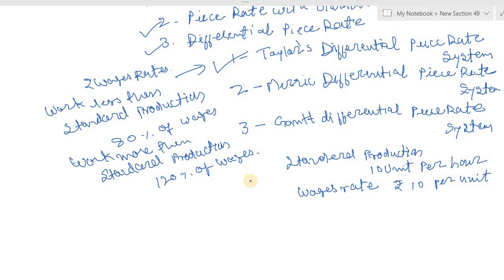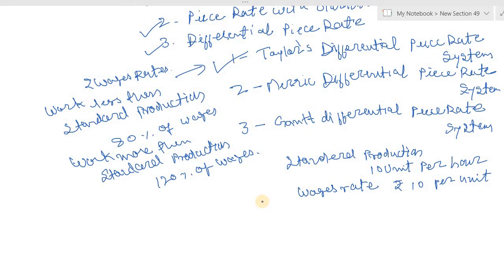Wages for production less than the standard production will be at 80% of normal wages, and wages for production equal to or more than the standard production will be 120% of the normal wages.